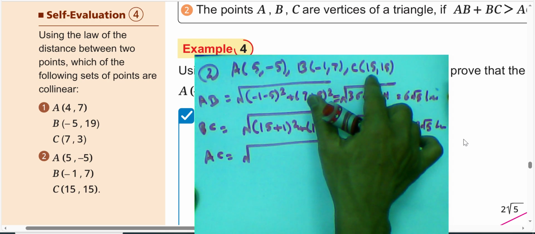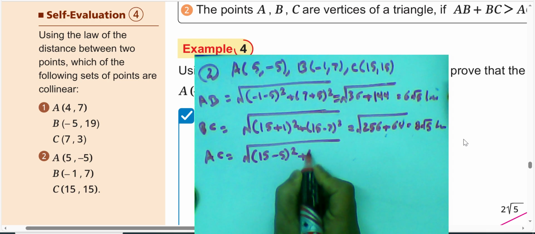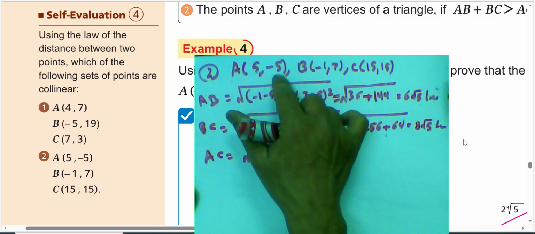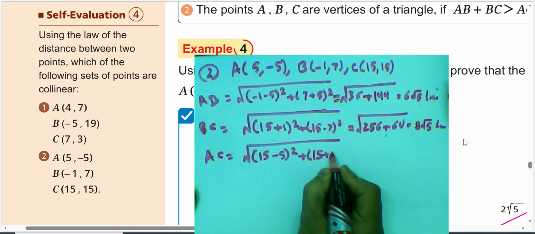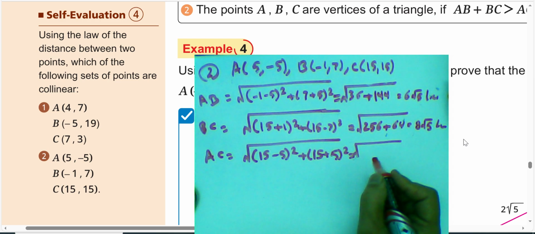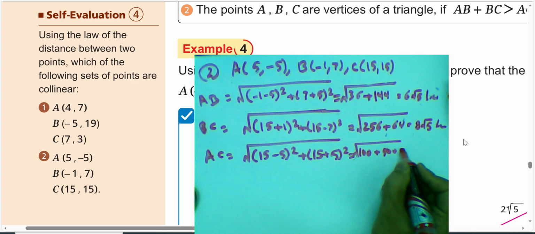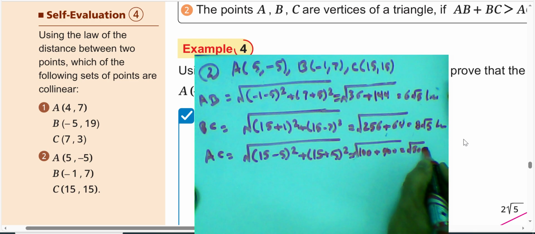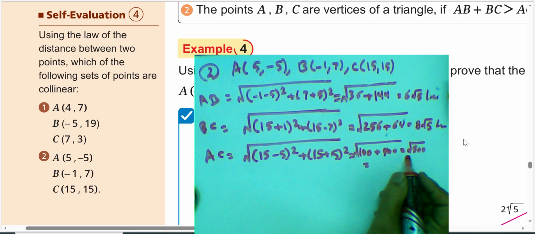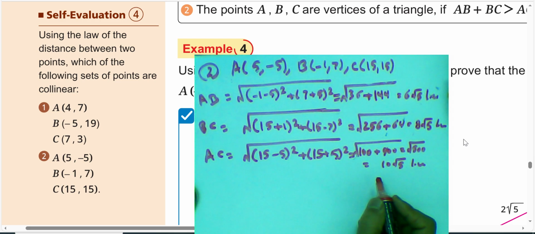A and C. 15 minus 5 power 2, and 15 plus 5. 15 minus 5, 10 power 2, 100. 15 plus 5, 20. 20 power 2 will be 400. It will be square root of 500 equal 10 root 5 length unit.